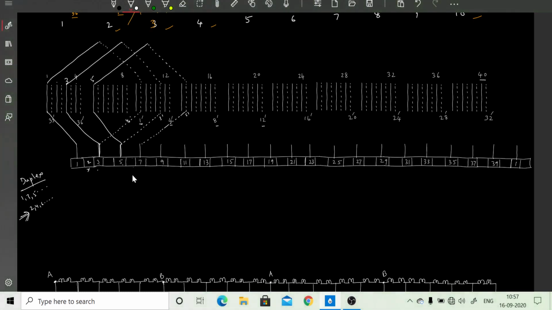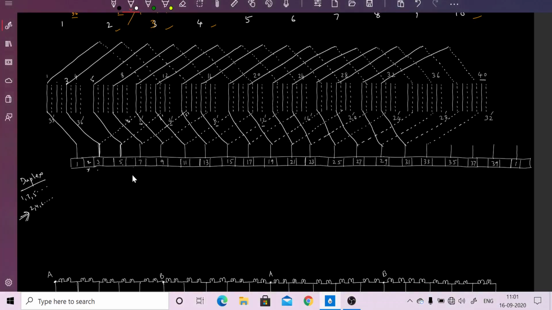So this process will repeat till the 39th slot. I have repeated the same steps here. 1 ended at 3, then 3 ended at 5, then 5 ended at 7, like that.